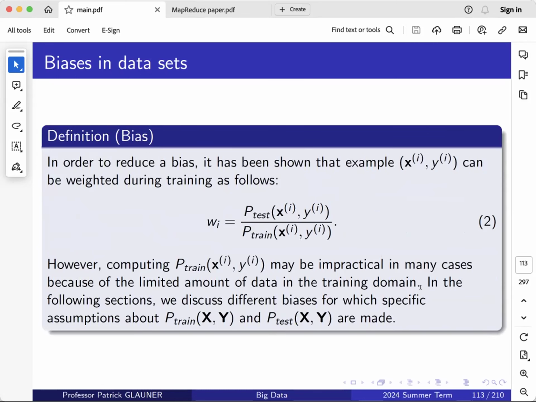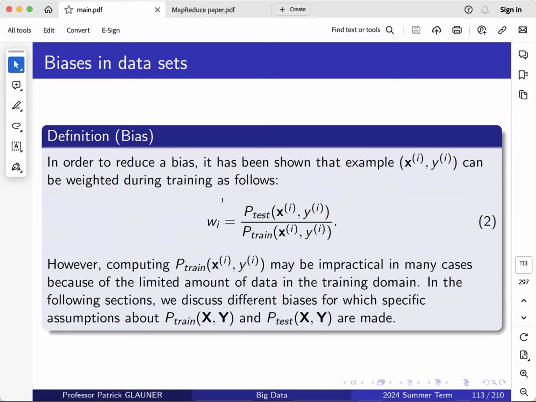Now we want to correct for this bias. So we have a training set and we know its distribution, or we try to estimate its distribution. So you can also estimate densities, for example. That's something you can find in various machine learning libraries. You have a data set and you want to infer the distribution where it comes from.